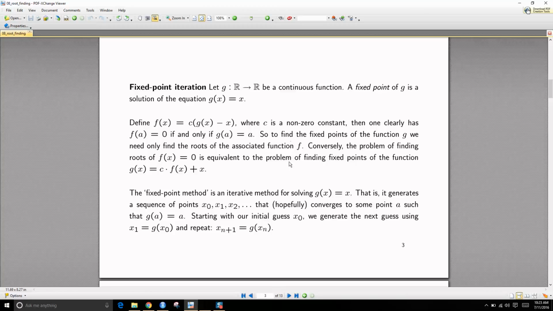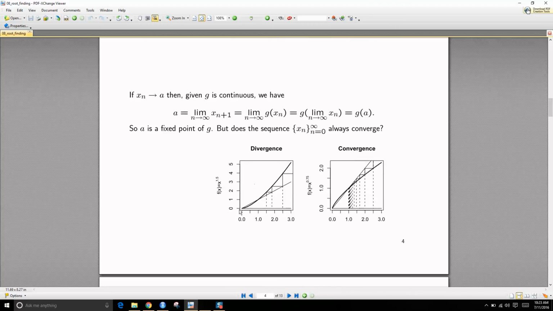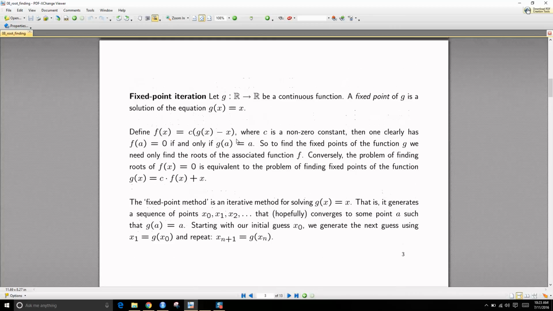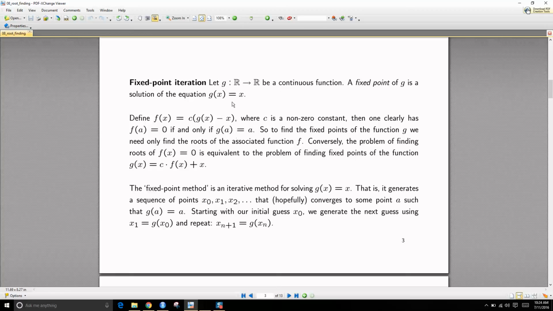slides here. These were slides that accompanied our textbook, and so the words here are almost directly from the textbook, chapter 10. But basically, we have this issue where we are setting g of x equal to x here.